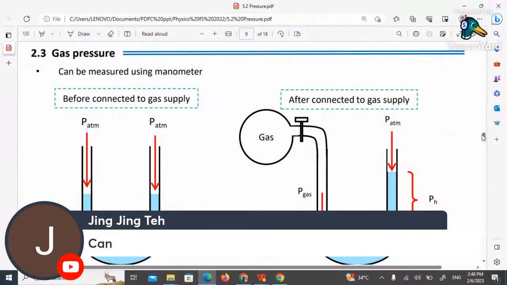Before, same level, because same pressure. Let's say we have point A and point B. So the pressure at A equals the pressure at B equals atmospheric pressure.